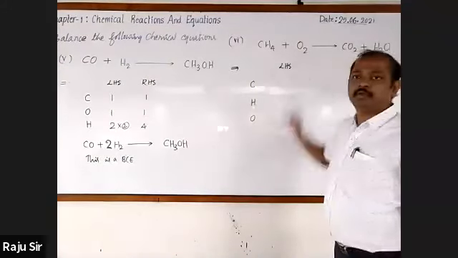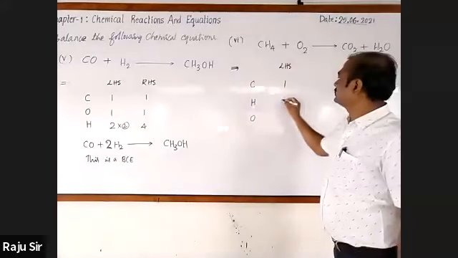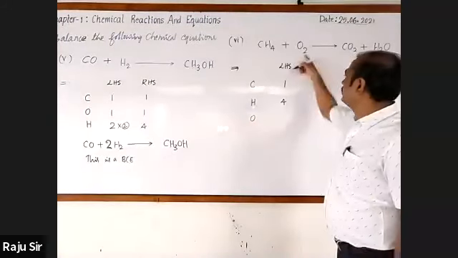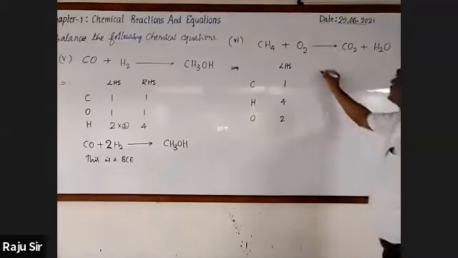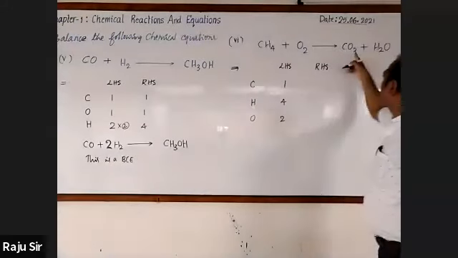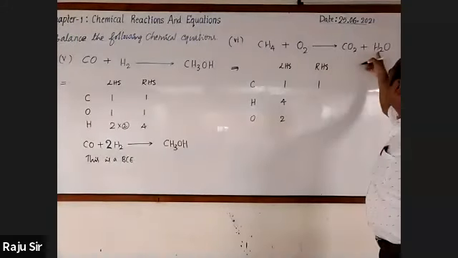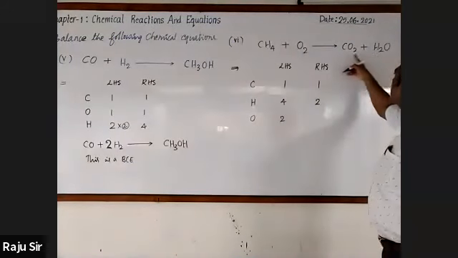On the LHS, the reactant side, carbon has only 1 atom, hydrogen has 4 atoms, whereas oxygen has 2 atoms. Next, on the product side, carbon has only 1 atom, hydrogen has 2 atoms, and oxygen 3.